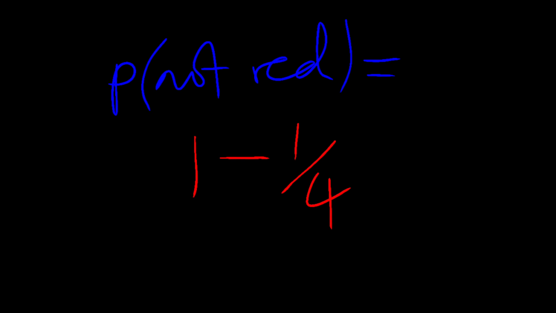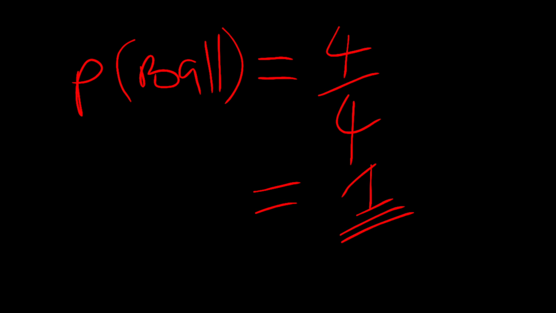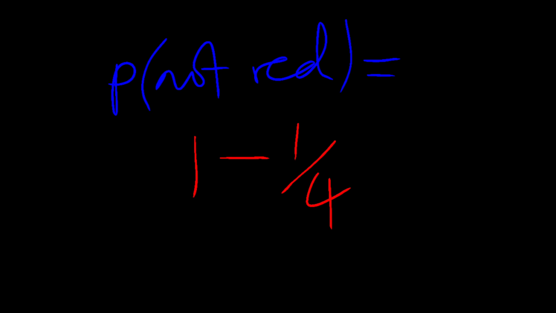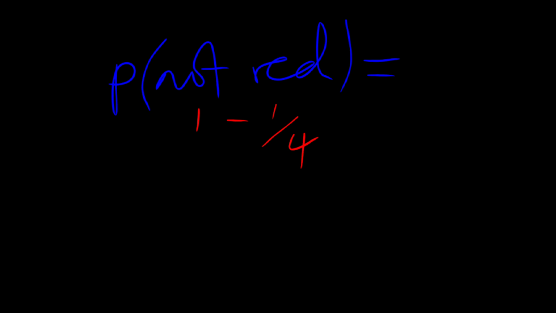The 1/4 is the probability of us picking a red ball. So let me just create a space there. 1 minus 1/4. So when we subtract the probability that it is possible to pick a red ball minus the probability of us picking the red ball, what we'll get is the probability of us not picking the red ball.